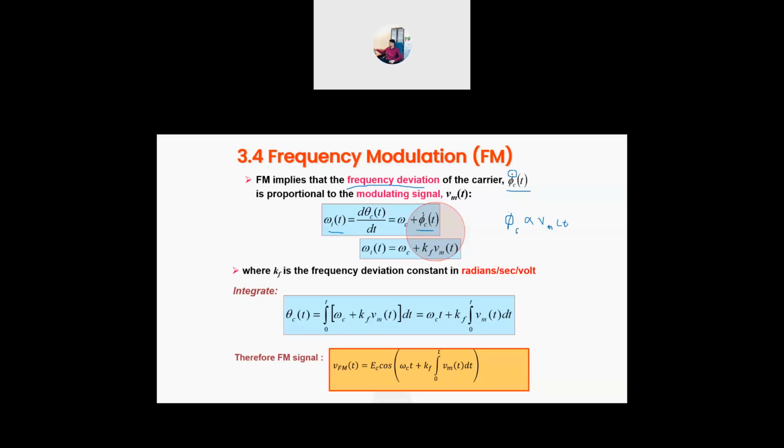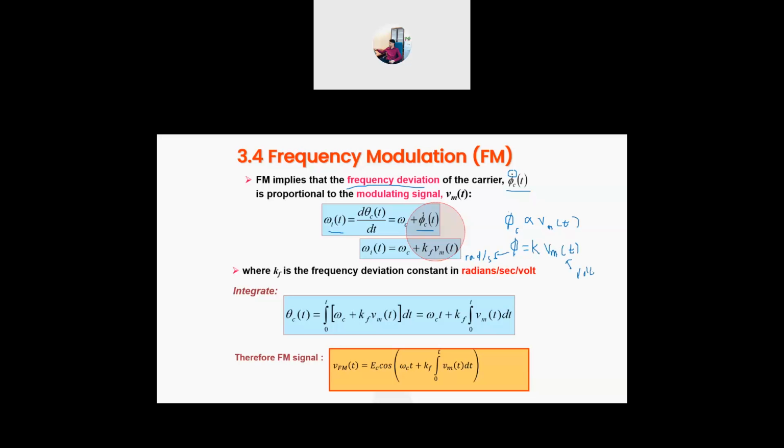The frequency deviation is proportional to the modulating signal. Because it's proportional, as you learned from mathematics, you can introduce a constant, similar to the phase modulation just now. This one is measured in radian per second, and this one is measured in volts.